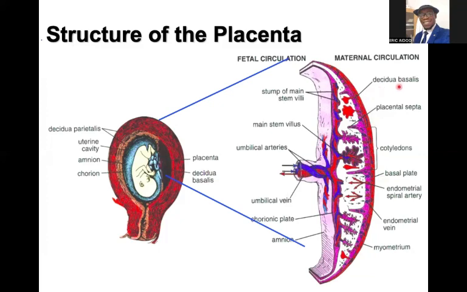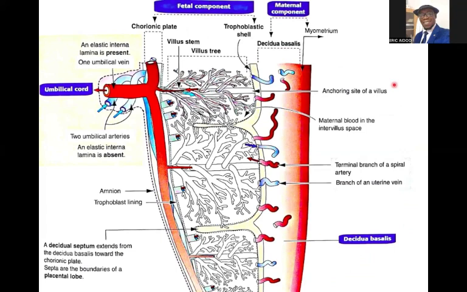So this is the decidua basalis, which is the most important portion of the maternal side of the placenta. Whenever you hear of decidua basalis, always remember the maternal portion. You have other deciduas as well, like the decidua capsularis, for instance. However, the decidua basalis is always connected to the maternal side.